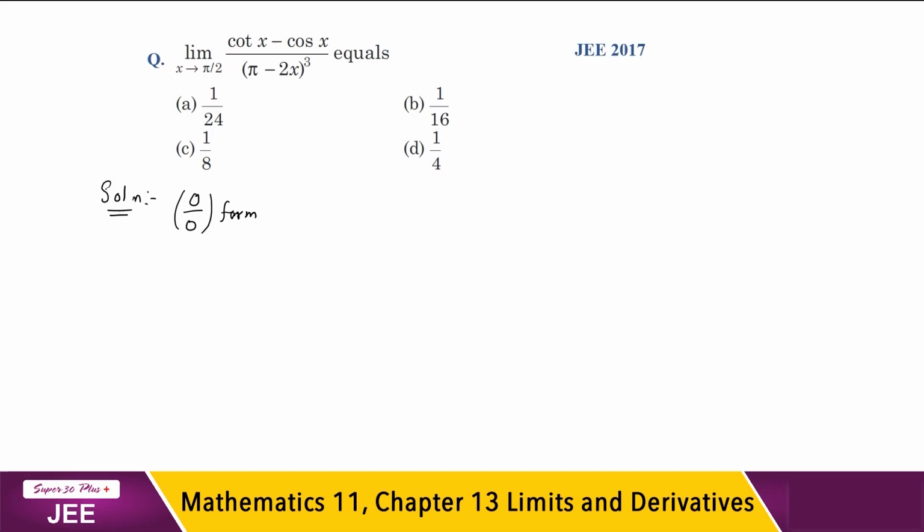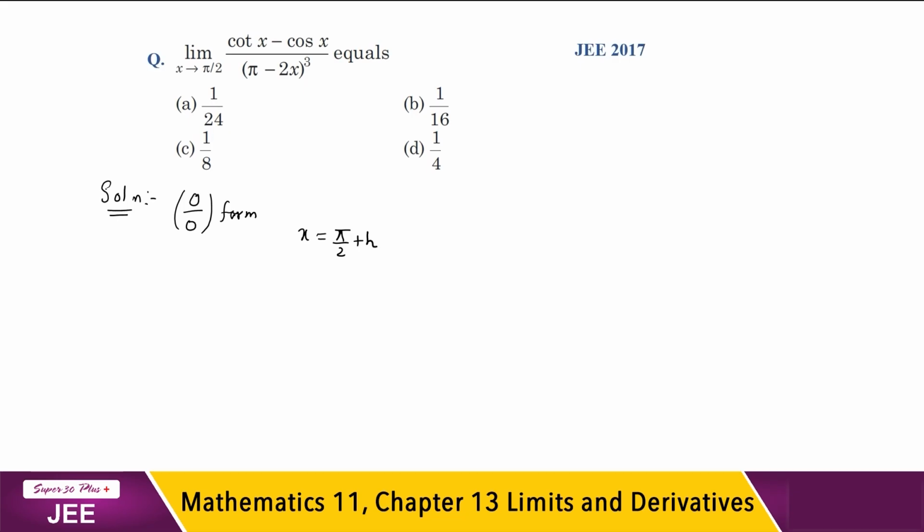Alright students, now in order to evaluate the limit, since we have been given trigonometric functions and x is approaching pi by 2, we can use over here the method of substitution. We can replace x with pi by 2 plus h. So when x approaches pi by 2, h has to approach 0.